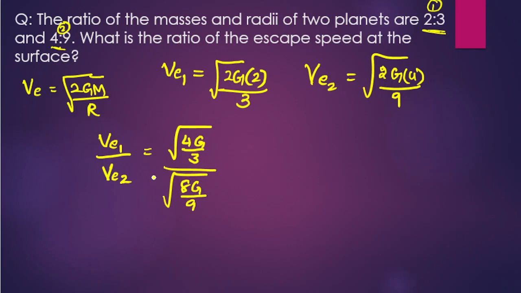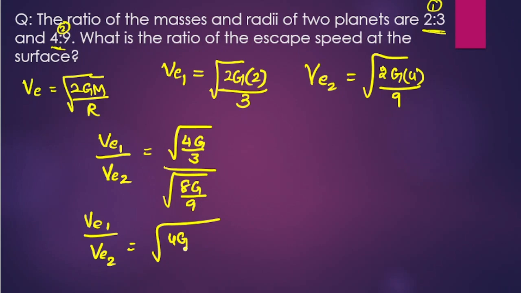So VE1 by VE2 will be the square root of 4G by 3 into 9 by 8G. The G and G can be cancelled. 4 2s are 8, and 3 3s are 9. So you will get VE1 by VE2 is equal to the square root of 3 by 2. You have to express it in the form of a ratio.